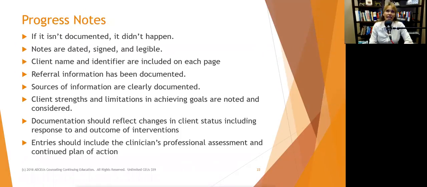Progress notes. If it ain't written, it didn't happen. Or, I'm sorry, if it isn't documented, it didn't happen. We all know this, but we can get slack sometimes when we're pressed for time. So remember to figure out a way to write down your notes.